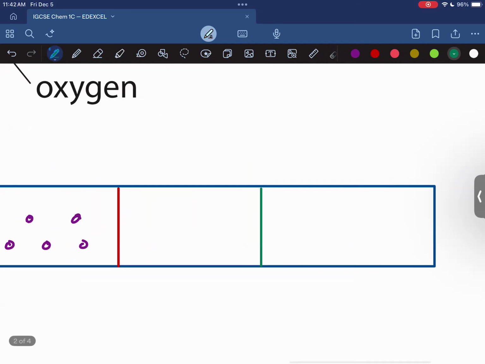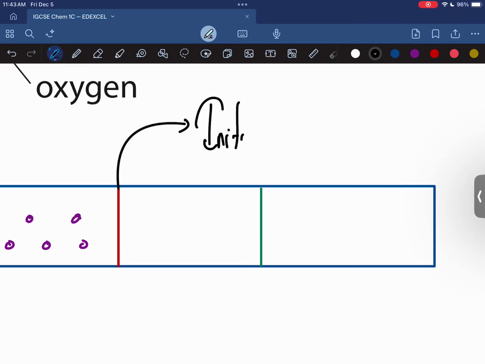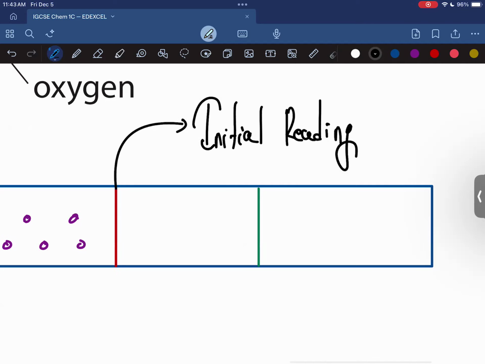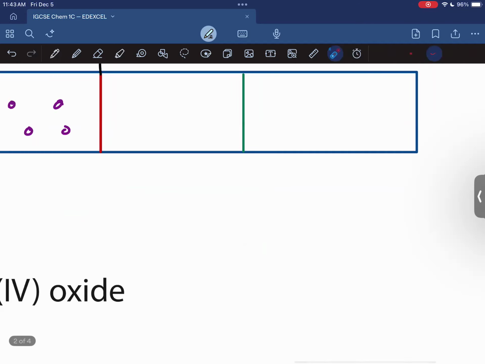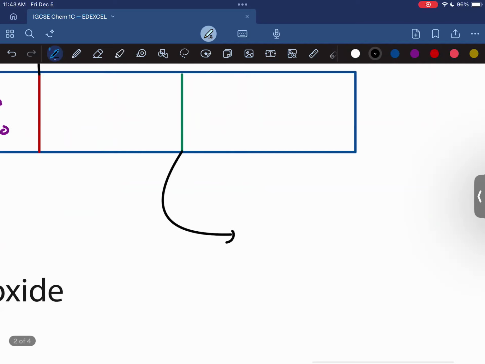Now, there was a reading over here, the initial reading. Once the plunger is pushed over here, there is going to be a final reading. So what is the volume of oxygen that was produced?